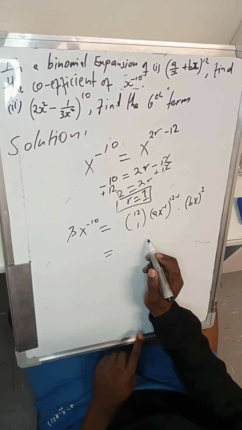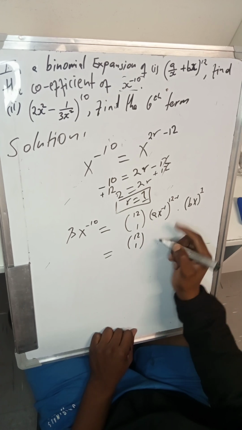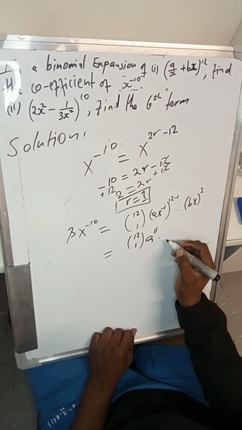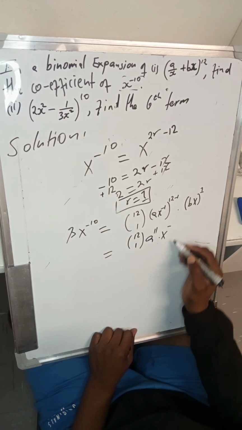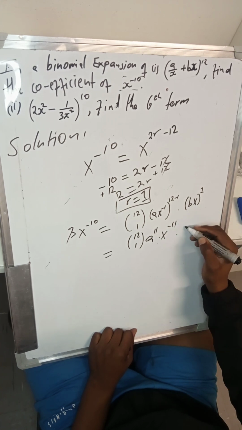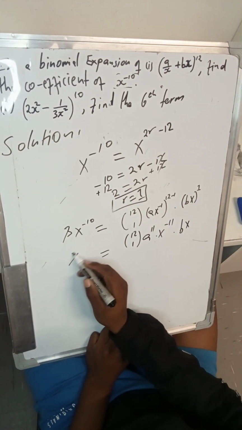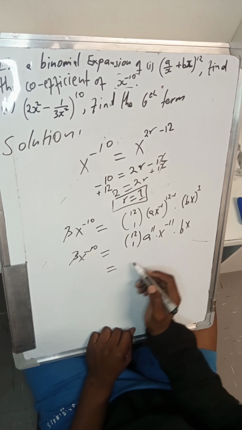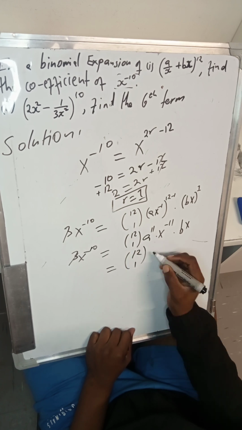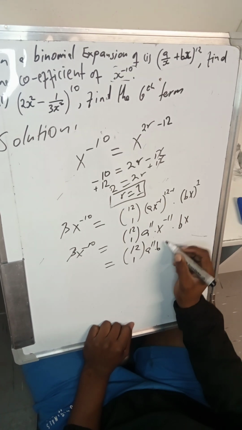And this is the same as 12 choose 1, 12 minus 1, that's 11. So a to the power 11 times x to the power negative 11 times bx. This is equal to beta x to the negative 10, which is equal to 12 choose 1 a to the power 11 times b.